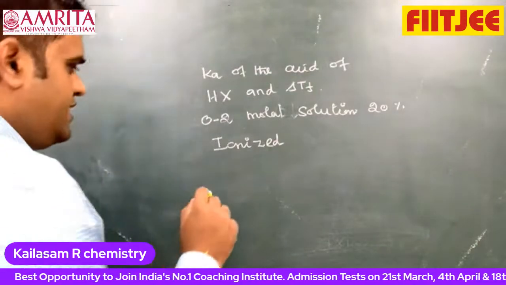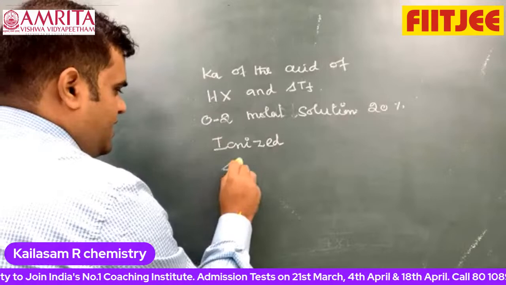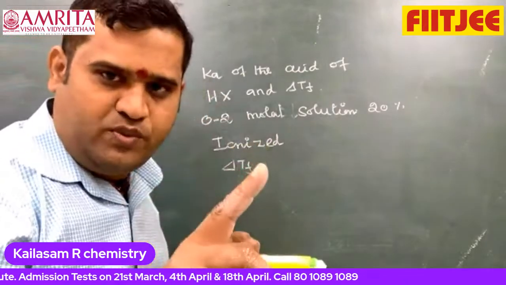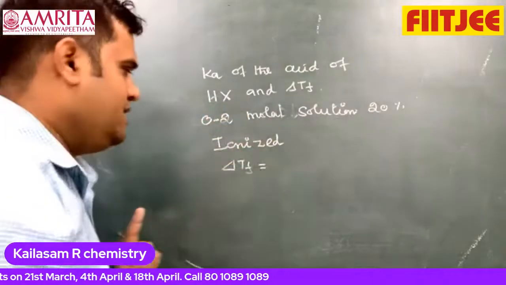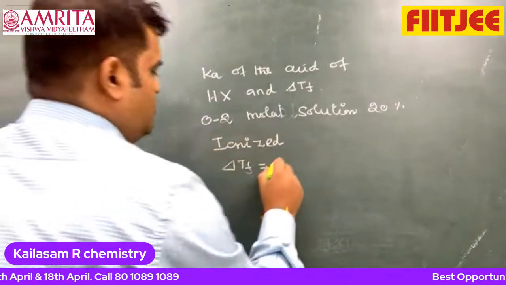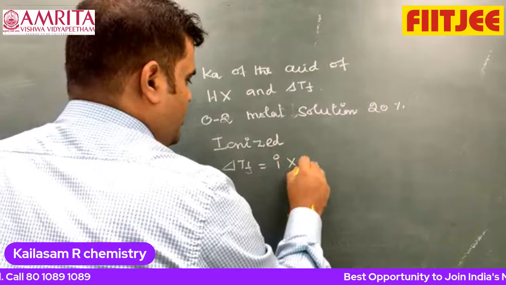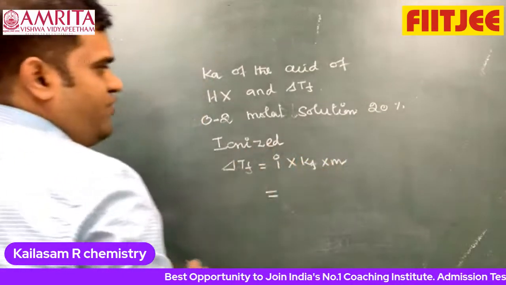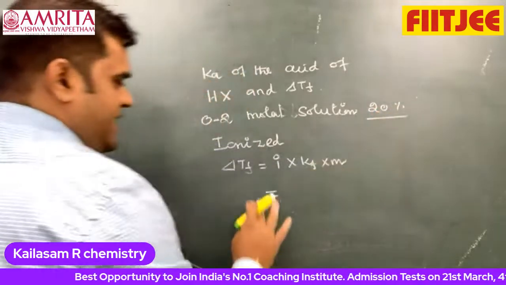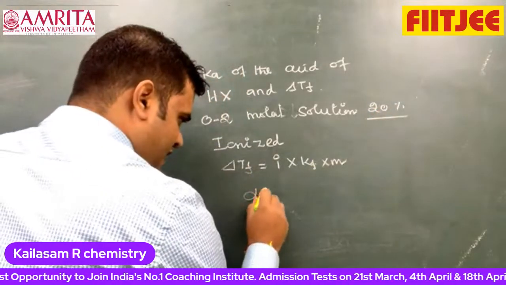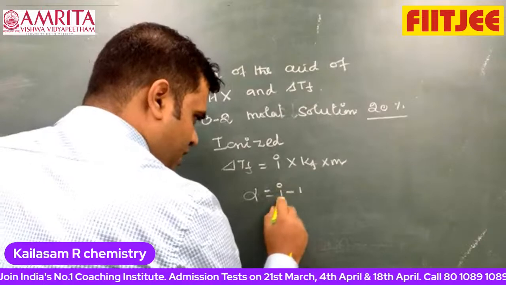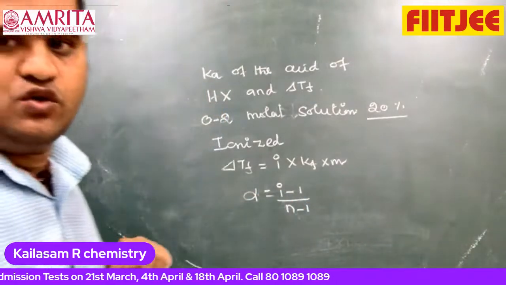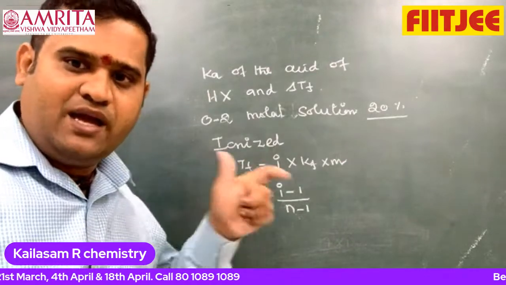Now we can say that delta Tf is equal to i into Kf into m. One more point: assume that molality is equal to molarity. They gave 20% ionized, so alpha is equal to i minus 1 divided by n minus 1.